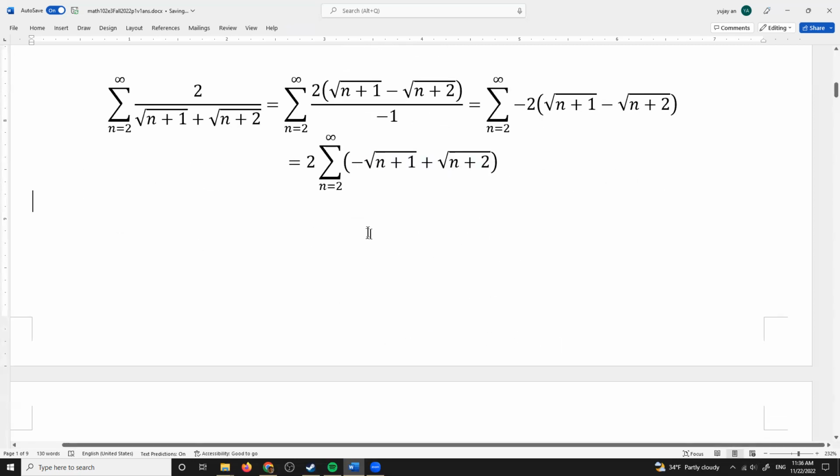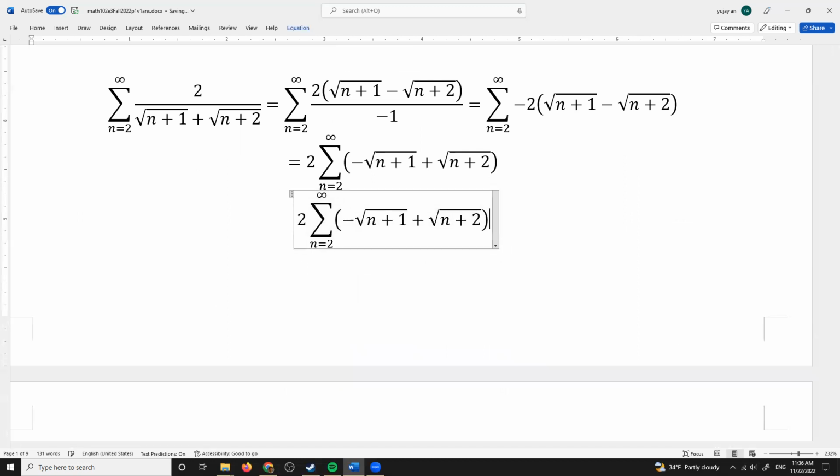Now let's try to write this down. The definition of an infinite series is the limit of the partial sum, right?